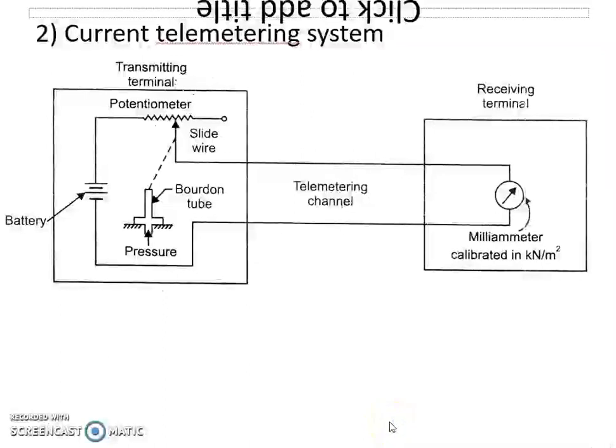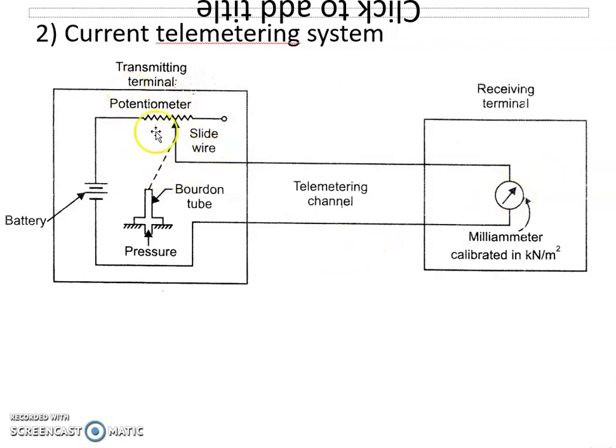Now let us see the second type of telemetry system, the current telemetry system. Let us see its construction first. This current telemetry system consists of three parts: transmitting terminal, telemetering channel, and receiving terminal.